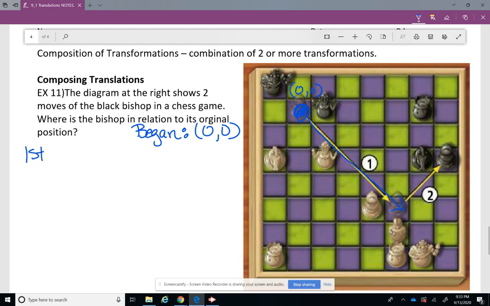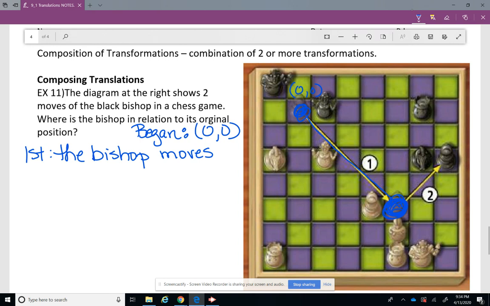All right, the first thing we want to do is see where the bishop moves. In order to get to this position here, the second blue position, I have to go left or right first. We know that in real life he goes slanted, but we're pretending like we can't go slanted.